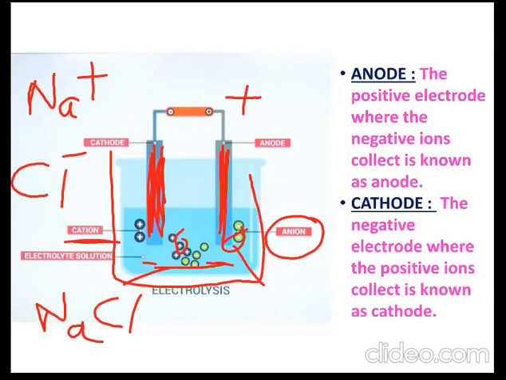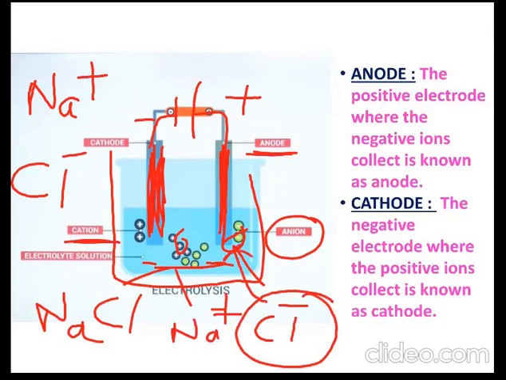Now be very careful. Here it is positive and here it is negative. Here we attached the positive terminal of the battery, and here the negative. Now, inside the solution we have Na plus and Cl minus, right? So it is obvious that Cl minus will move towards the positive plate, the one attached to the positive terminal, because positive and negative attract each other.